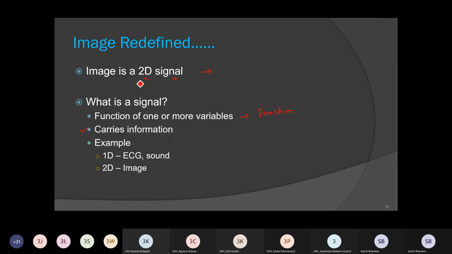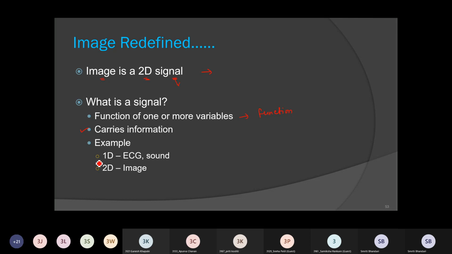So a digital image is a two-dimensional signal. Okay, and what is a signal? It is a mathematical function of one or more variables, and this function actually carries some information. Let us see examples of signals.